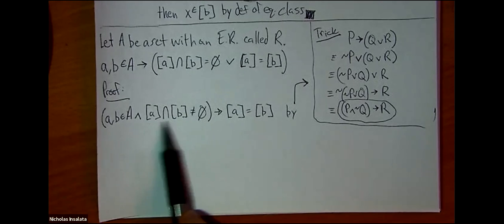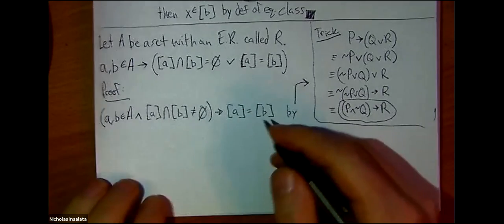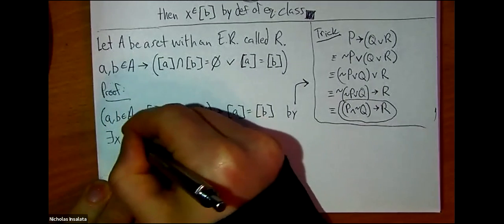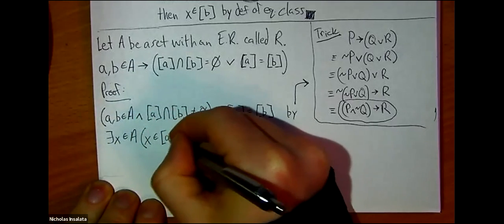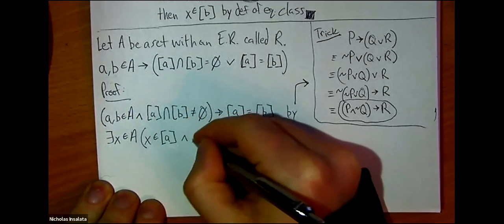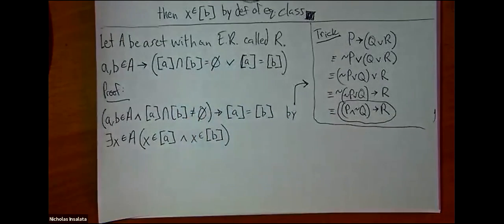If I know that the equivalence class intersection is non-empty, what must there be? There must be a common element. Yeah, exactly, right? Let's call that thing X. There exists an X in A such that X is an element of the equivalence class of A and X is an element of the equivalence class of B, right?